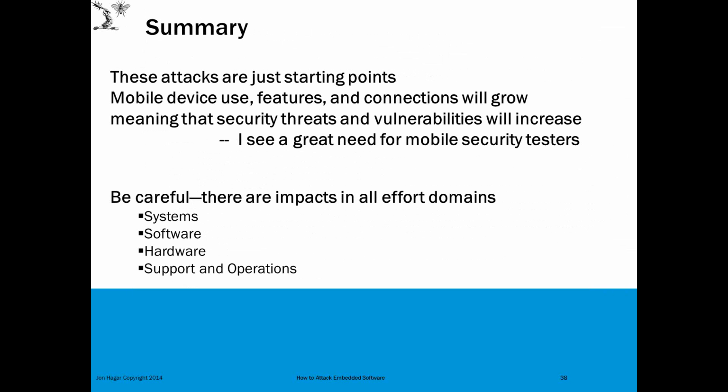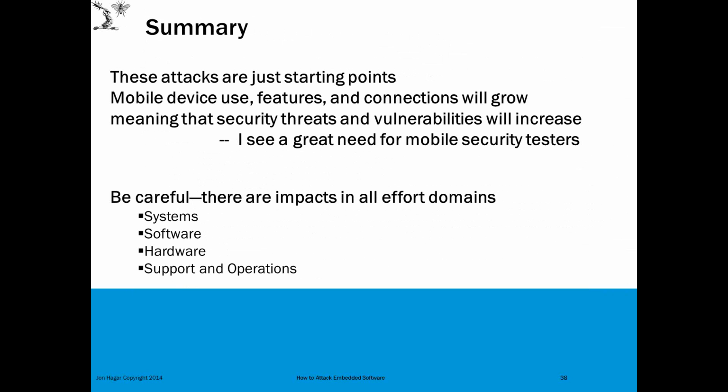So hopefully I gave you some food for thought on these. These are just starting points. The amount of mobile devices, the features, and the connections are growing, meaning that the security threats are getting bigger. I mentioned a little bit about the Internet of Things becoming more and more, in some ways, mobile, certainly connected into the web system.